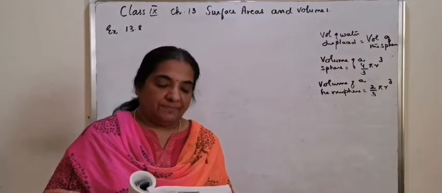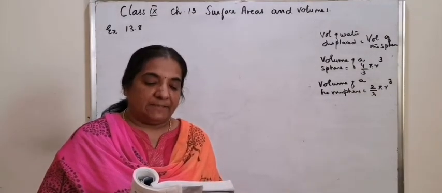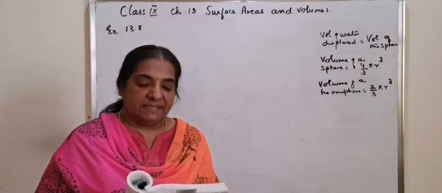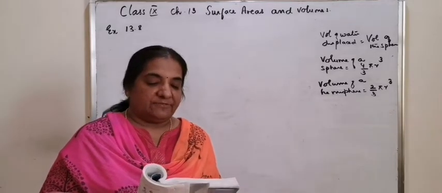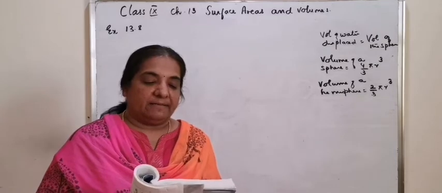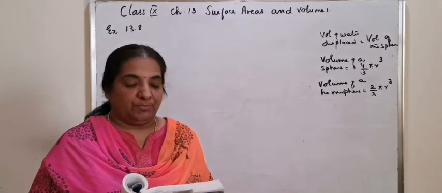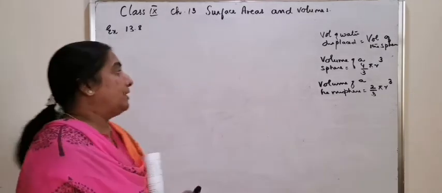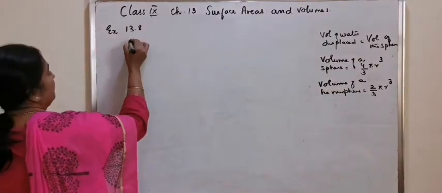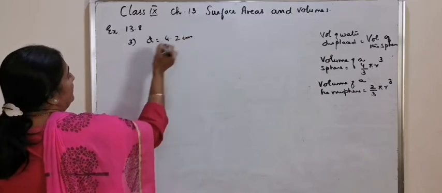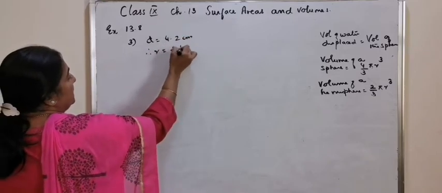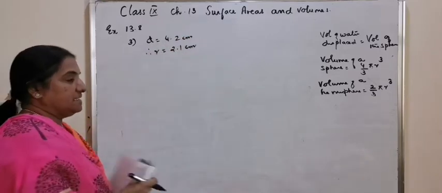Question number 3. The diameter of a metallic ball is 4.2 centimeter. What is the mass of the ball if the density of the metal is 8.9 gram per centimeter cube? The diameter is given as 4.2 centimeter. Therefore, radius is equal to 2.1 centimeter.